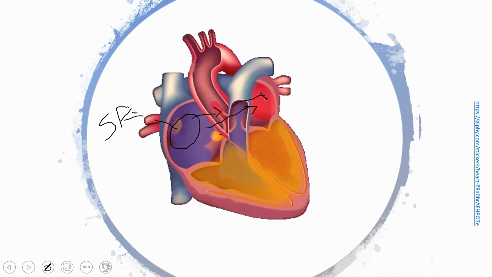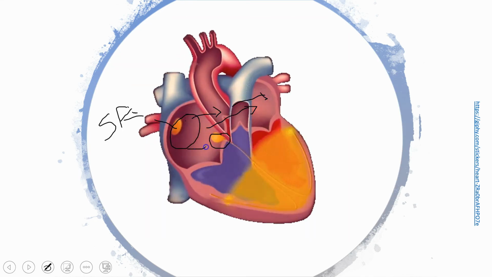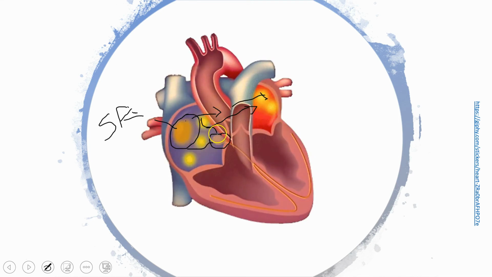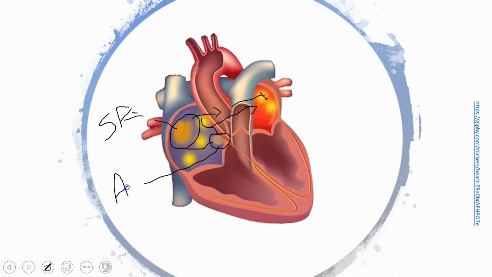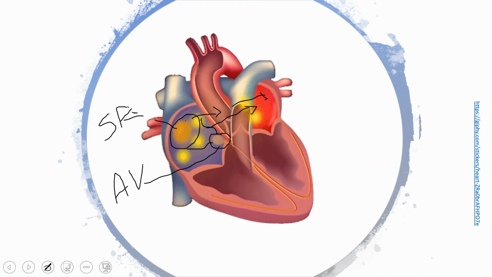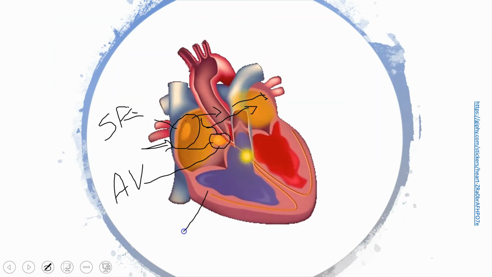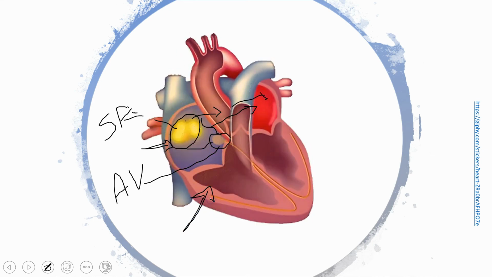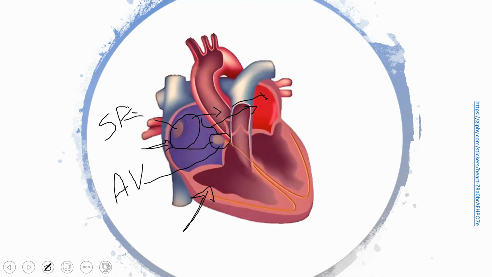Once it comes down through these internodal pathways, and they almost look something like this, they come into an area that is now known as the AV node. This is probably not a big shock that they would call it the AV node, because here is the atria, and then here is the ventricle. So when we talk about the fact that it is sitting in between both of these, it is now the AV node.